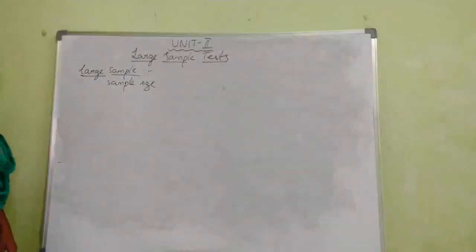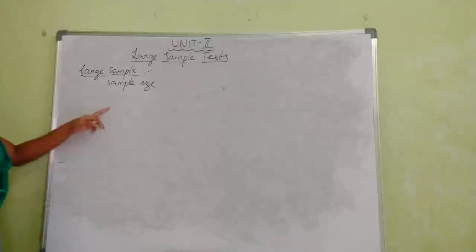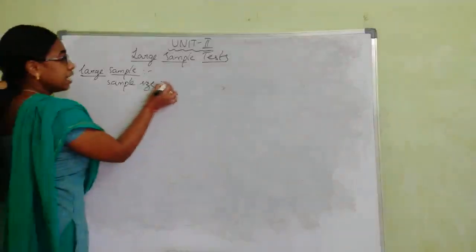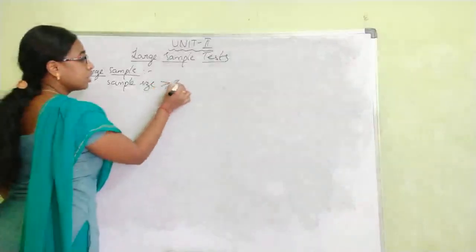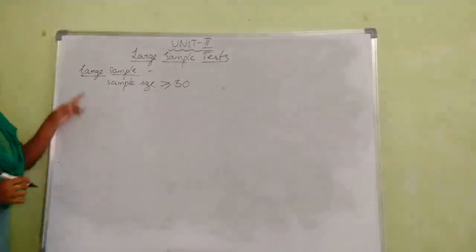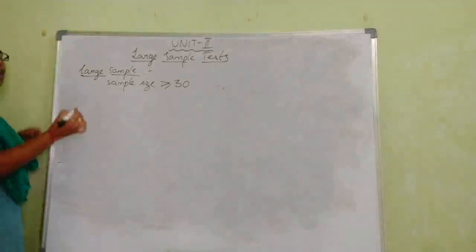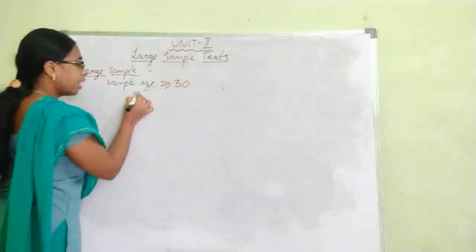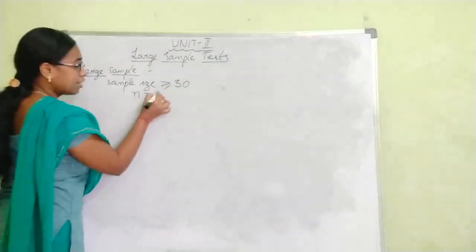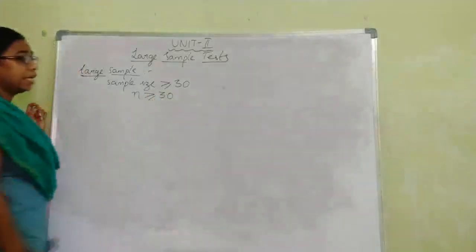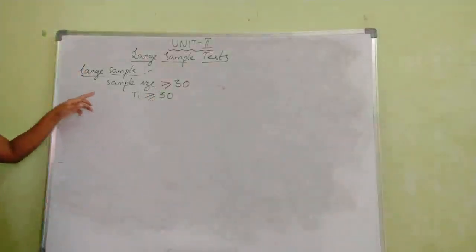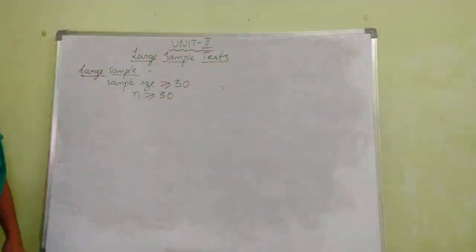Generally in practical situations, if your sample size is greater than or equal to 30, that is considered a large sample. The sample size is generally denoted with small n. If n is greater than or equal to 30, it is a large sample.